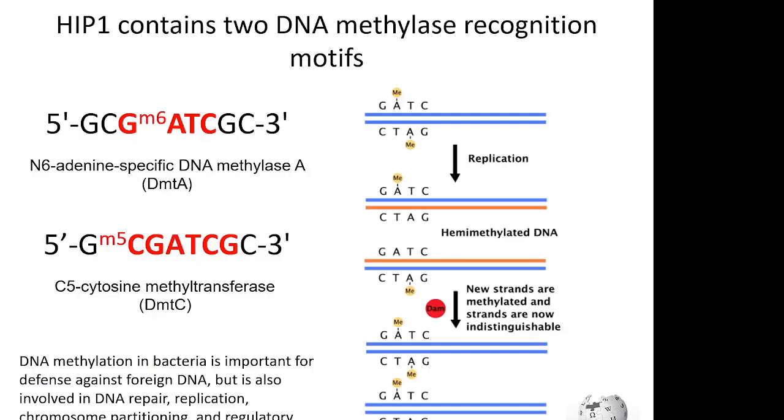Well, also, very interestingly, this sequence is methylated at two sites. Here you have HIP1, and one DNA methyltransferase methylates the A by recognizing these four bases, and another different DNA methylase methylates the cytosine by recognizing these sequences. So those sequences are the target of DNA methylases.